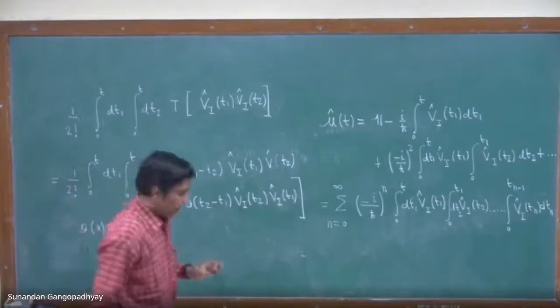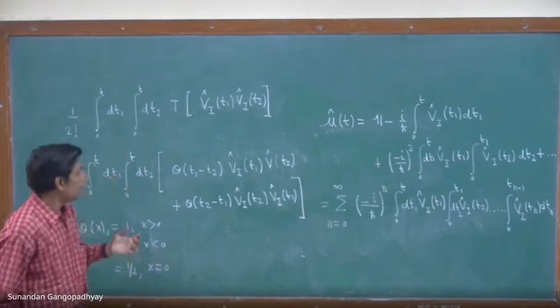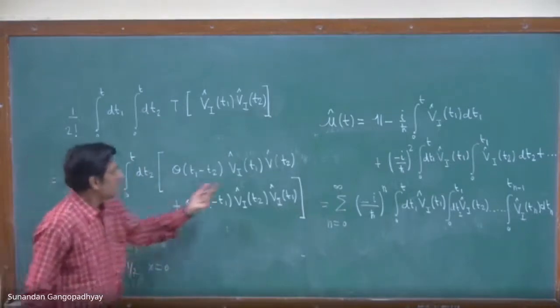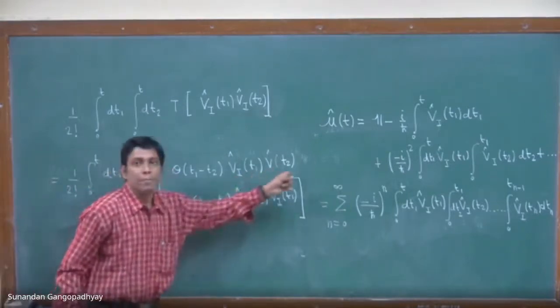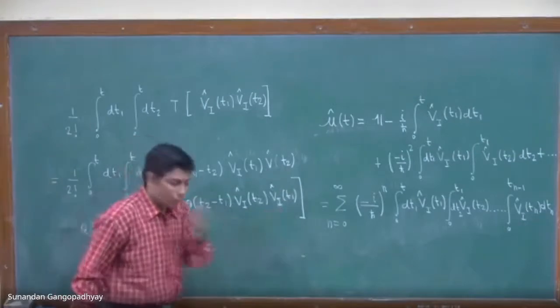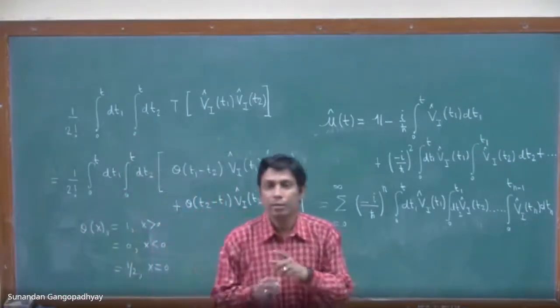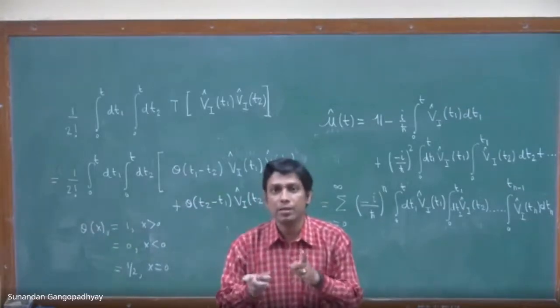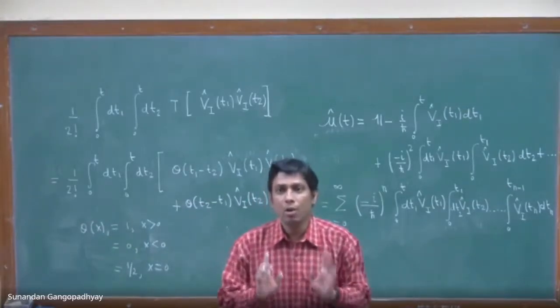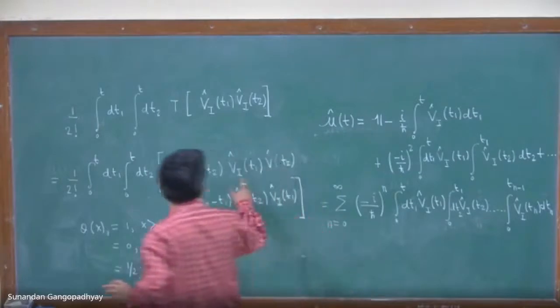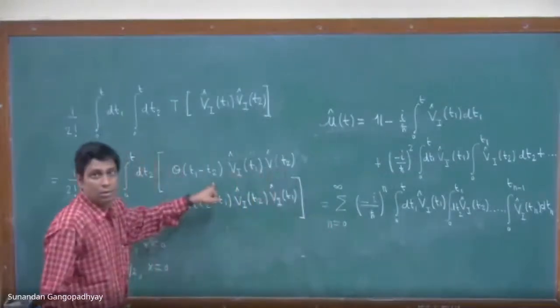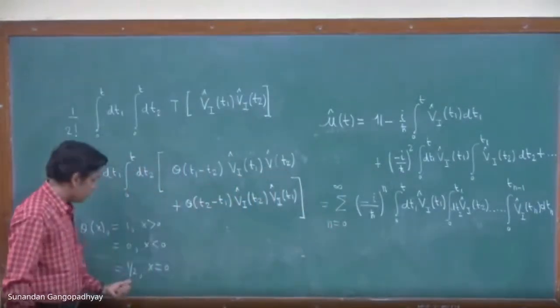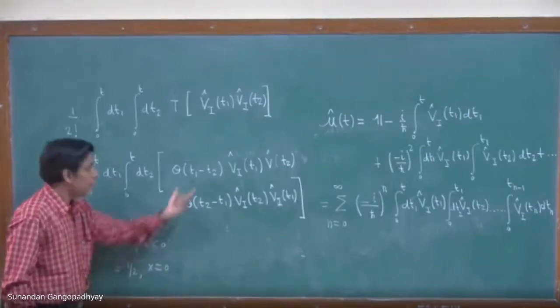When T1 is equal to T2, then both these times are actually the same, right? And therefore, it doesn't matter where you write down the two operators, because they are the same operators defined at the same time. Therefore, they commute with each other. Therefore, it doesn't matter where you write it down when T1 is equal to T2. So what you do is you just define it such that when T1 is equal to T2, it is half.